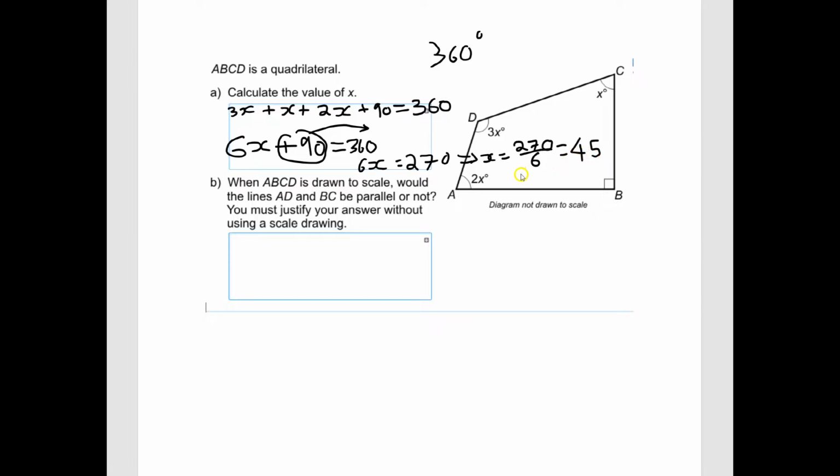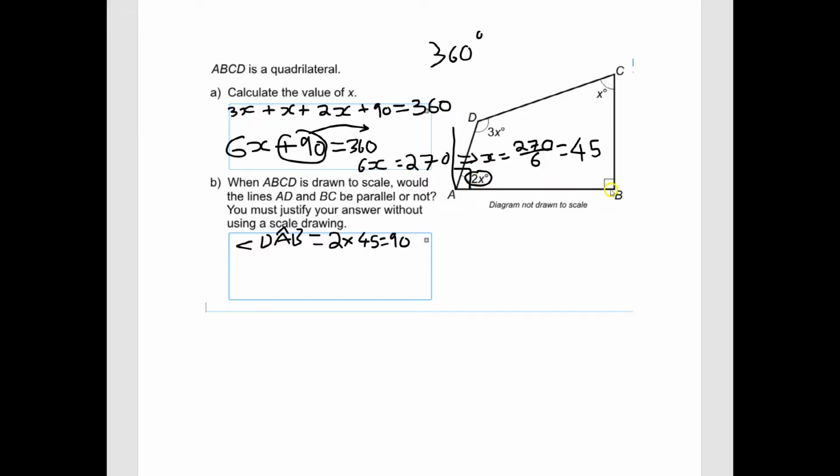It's now asking if AD and BC would be parallel. Well, in fact, I think they would be, because the angle at A, so angle DAB, is equal to 2 times 45, which is 90. So in the actual shape, it would go straight up like this.